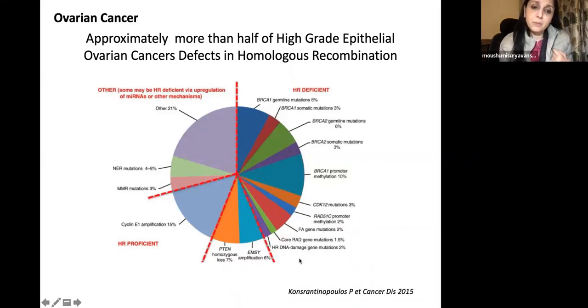And there are some other pathways by microRNA regulation or maybe MMR or other regulations, which could also, though doubtful, comprise a part of HR deficiency signature. So there is a huge group which can be picked up by using the HRD score, which is a surrogate of picking up all these mechanisms without actually looking at each one of them.